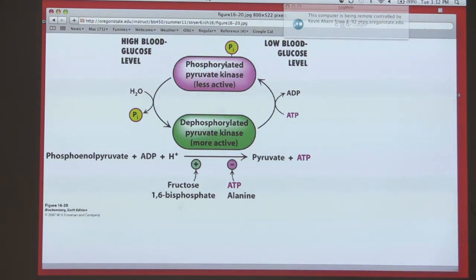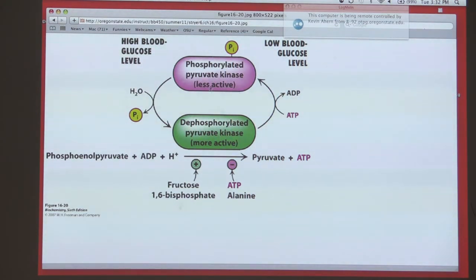If it's producing glucose, it doesn't want to be burning it up. And the reason it doesn't want to be burning it up is because the liver is trying to make glucose for the body. So at the same time as it's breaking down glycogen, it's turning off glycolysis because it doesn't want to waste the glucose it just made for the rest of the body. And I'll talk more about that tomorrow, actually.